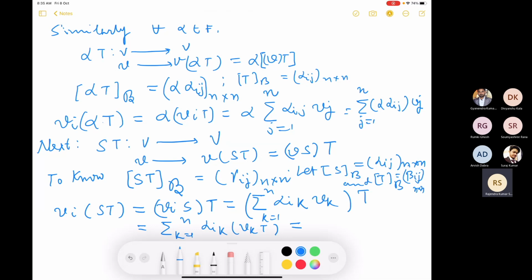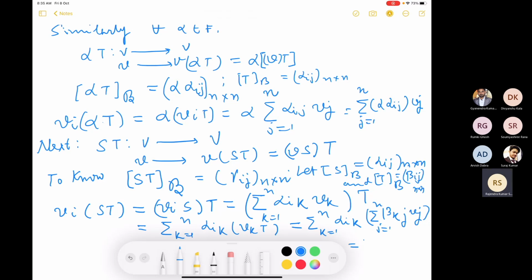So Vk T, therefore, we know because the matrix is beta ij. So this is the sum over k equal to 1 to n of alpha ik Vk T. Now Vk T will be a linear combination of the basis vectors, so this is beta kj Vj, with j from 1 to n.